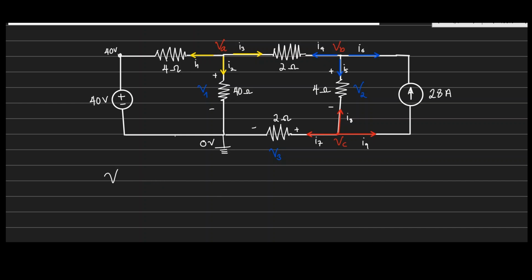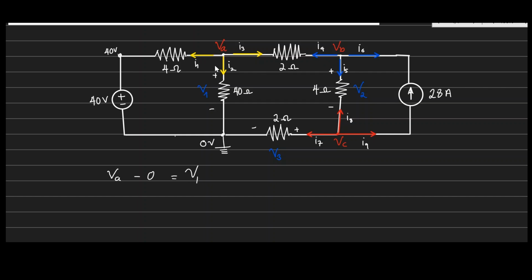You can say that you want to subtract with respect to this node, VA. So this is the same as VA minus what voltage is here? 0, right? Is equal to V1. Why am I equating positive V1 and not negative?